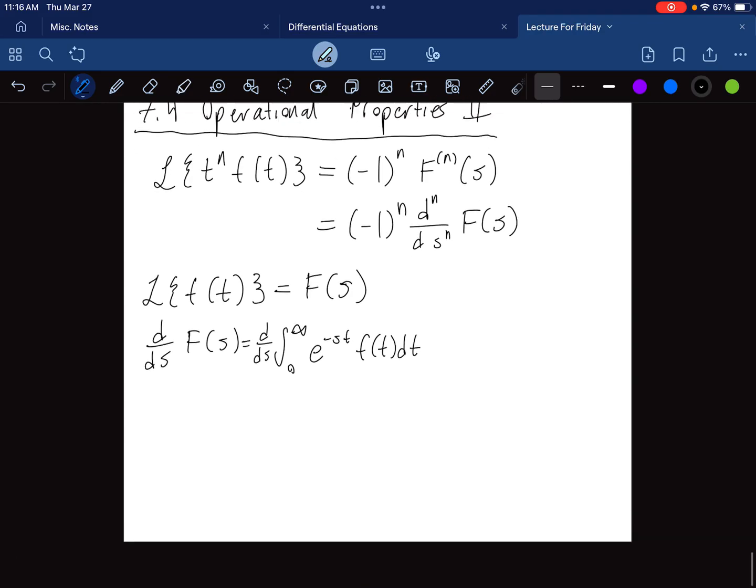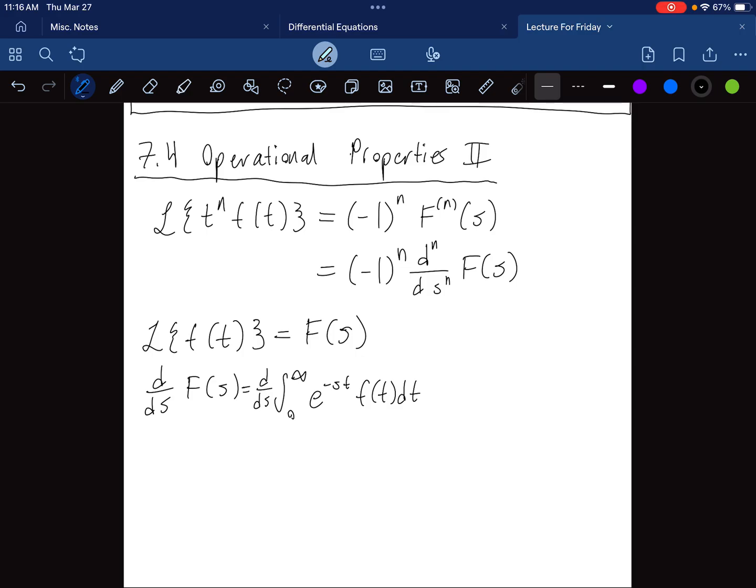And so remember from calculus, we can bring in this differential operator. So we have the integral from 0 to infinity, right? This is going to become a partial derivative due to the fact that we have the variables s and t, e to the negative st, f of t, dt.